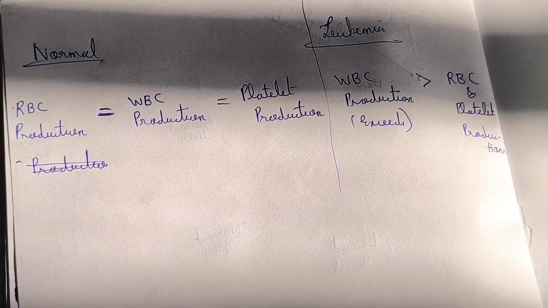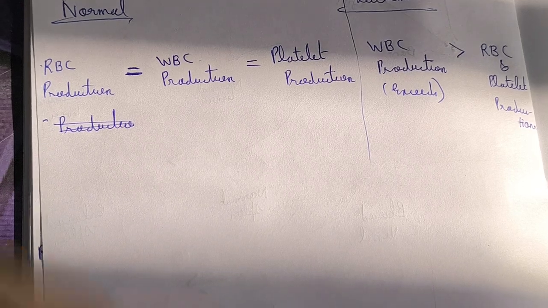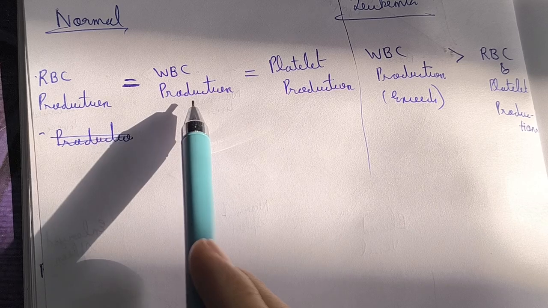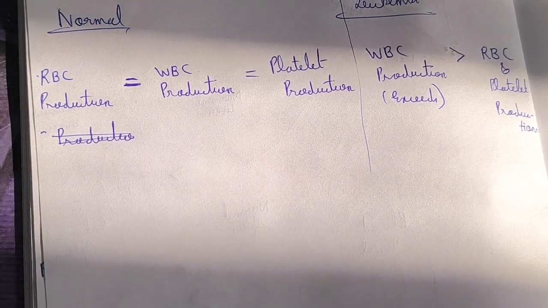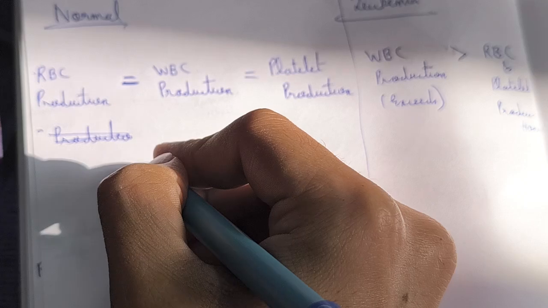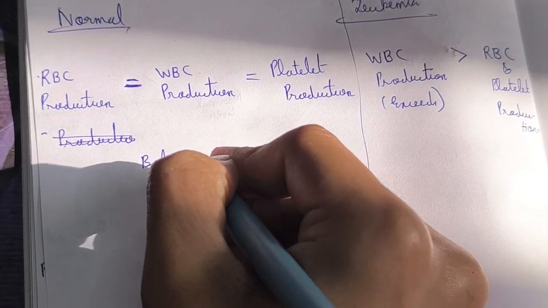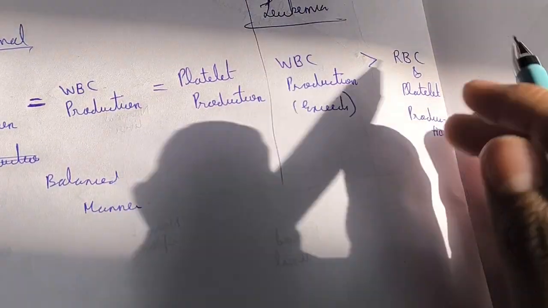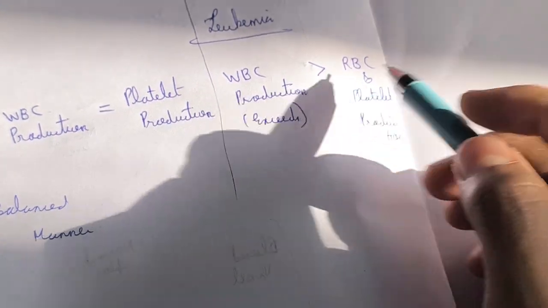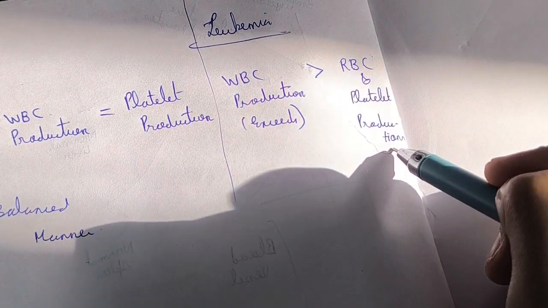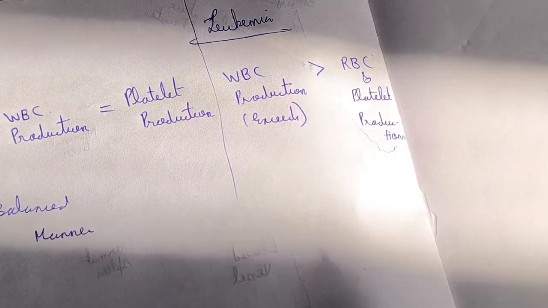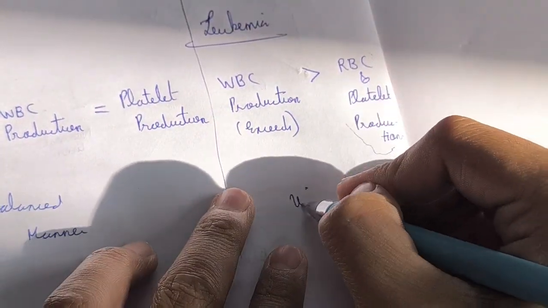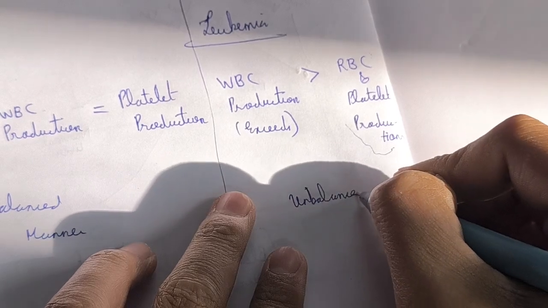So friends, now I'm going to talk about the effects. In normal production of RBCs, WBCs and platelets, all these cells are produced in a balanced manner. But in leukemia, the production of WBCs exceeds the production of RBCs and platelets, so it is in an unbalanced manner.